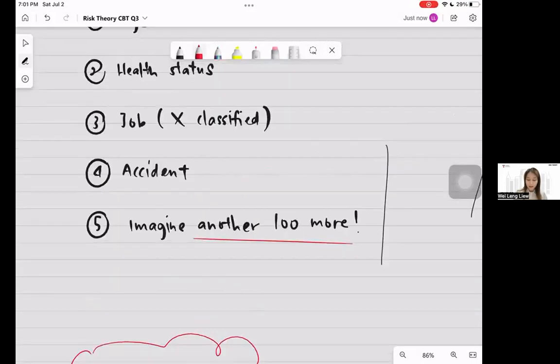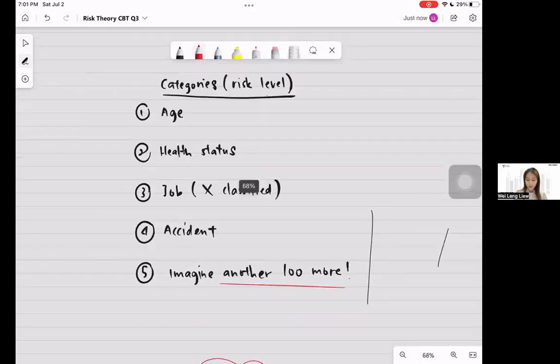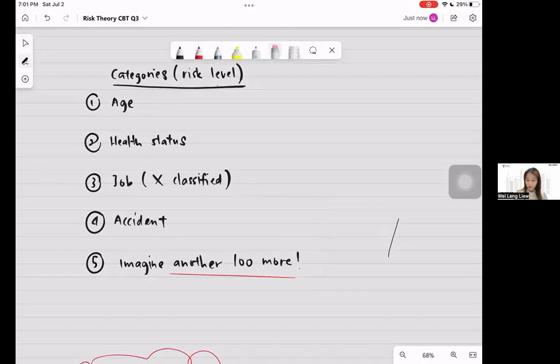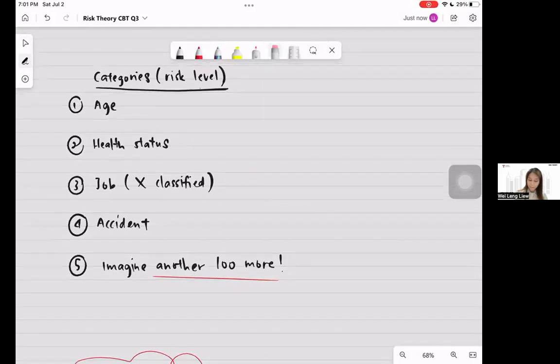It means that it has a lot of variation, like for example the scenario that I've mentioned just now, you have age, health status. Each of them has their own specific lambda. Each of these categories or conditions will give us a different number of claims.